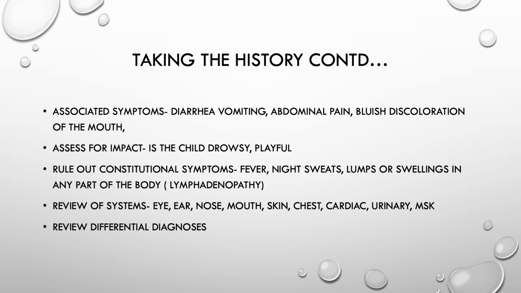Then you want to review the systems. Starting from the eyes, you're asking about red eye or eye discharge, any ear discharge or pain, any nosebleeds or running nose, any swelling of the tongue, in the mouth, any rash on the skin, chest symptoms like cough, wheezing, cardiac symptoms like bluish discoloration, sweating while feeding, any reduced urinary output or swelling of the body, any musculoskeletal symptoms you may remember.